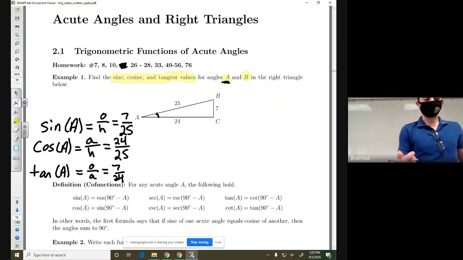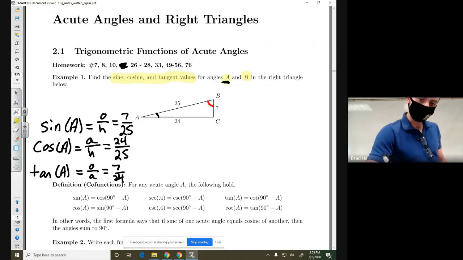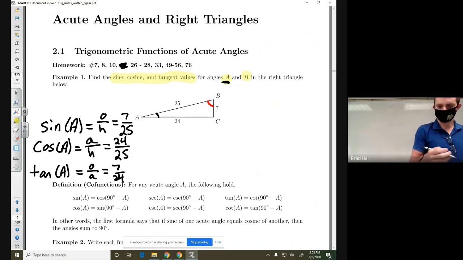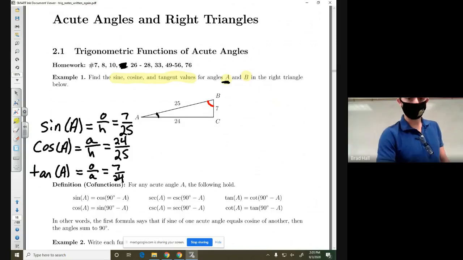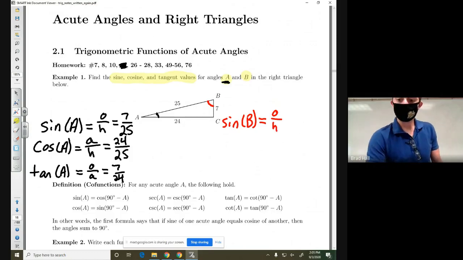It wants to know the same thing for angle B. Angle B being this angle up here. I'll do it in a different color. Same idea. It wants us to figure out sine, cosine, and tangent of B. So sine of B is still opposite over hypotenuse.